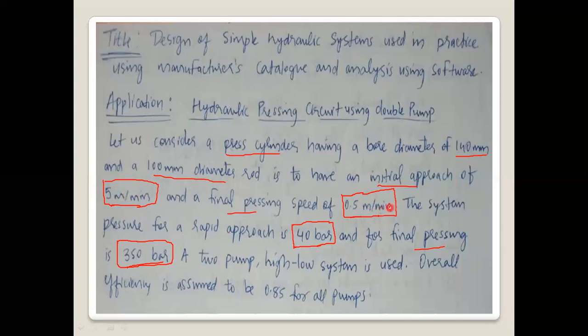Then 0.5 meter per minute means low flow rate, a low flow pump with high pressure, which is 350 bar. So a two-pump, that is high-low, system is to be used. Overall efficiency is assumed to be 85% for all the pumps. So I have to use two pumps here: one high flow pump and one low flow pump.